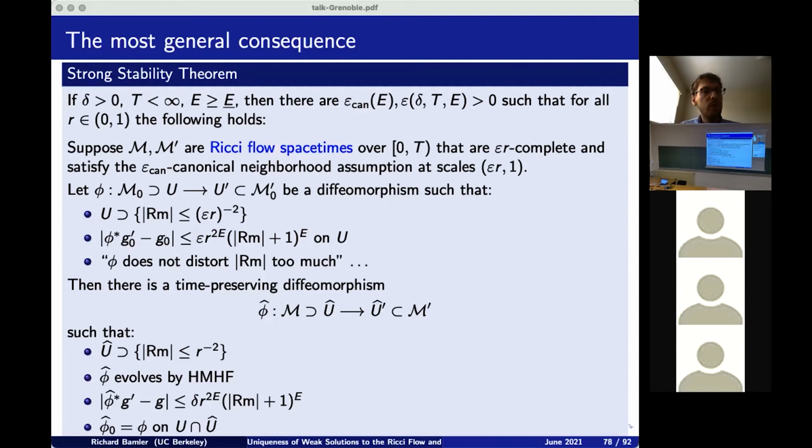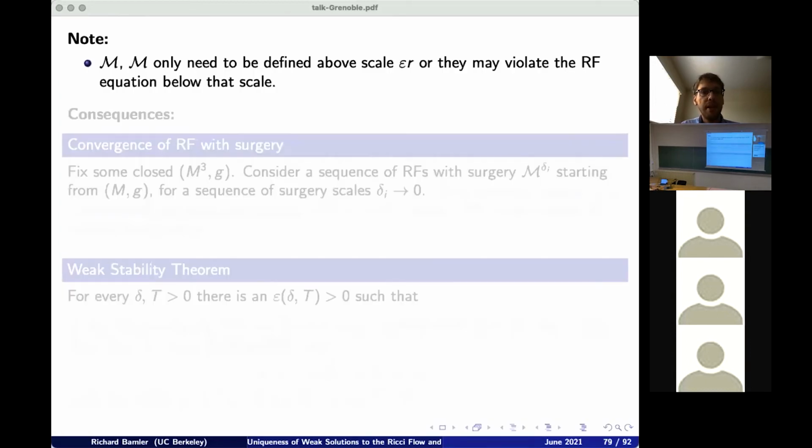So this is some of the most general result that we get from this proof strategy. And again, I just want to highlight that surprisingly in this proof, m and m prime only need to be defined above scale epsilon r. You could even take two Ricci flow spacetimes that violate the Ricci flow equation below that scale.